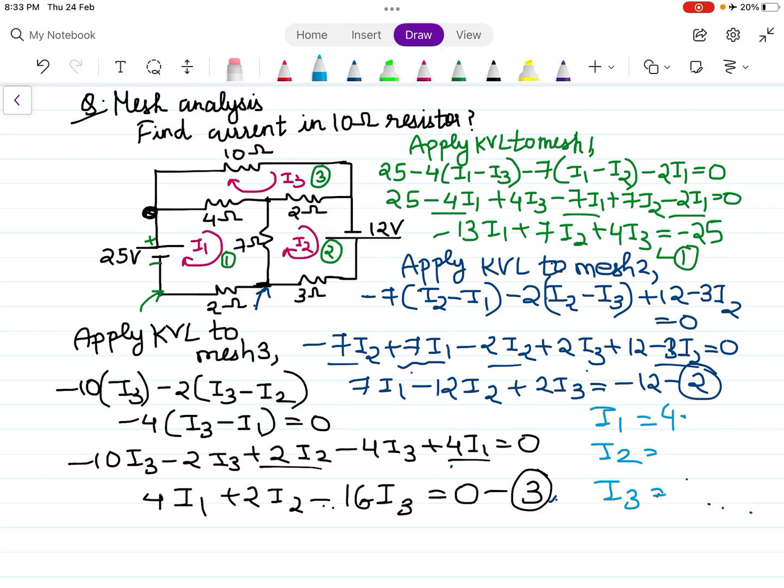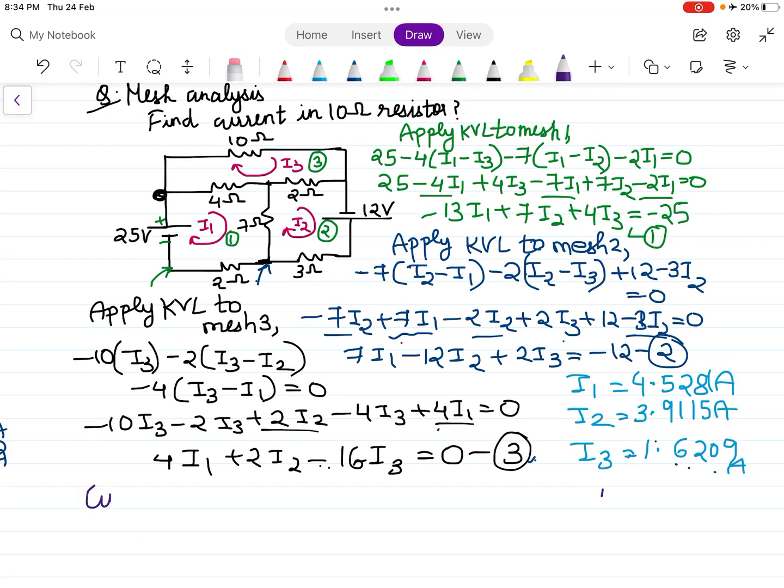So I'm getting I1 as 4.5281 amperes, I2 is 3.9115 amperes and I3 is 1.6209 amperes. Current through 10 ohms is I3.